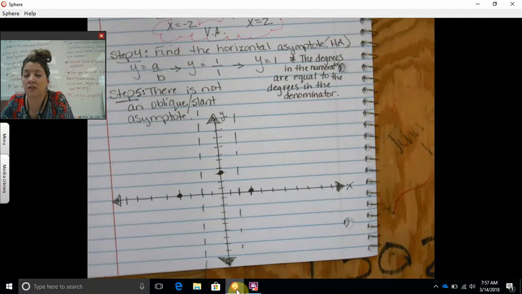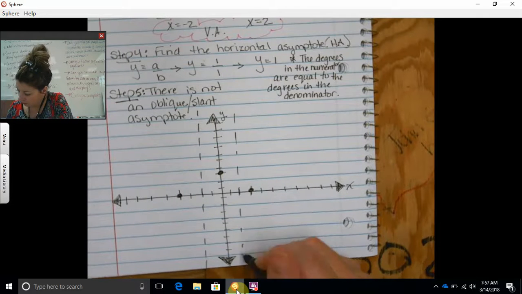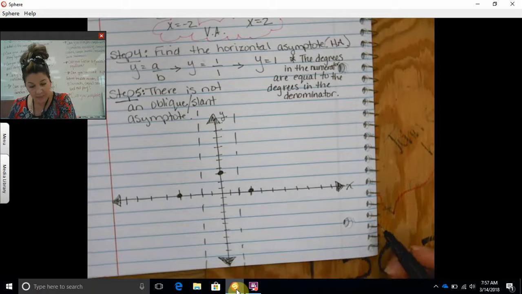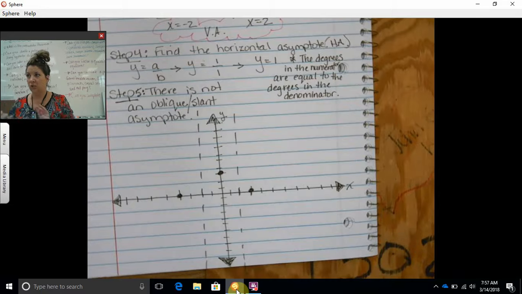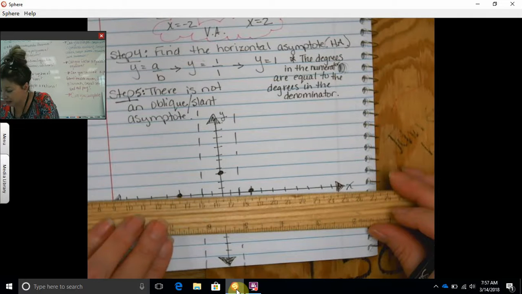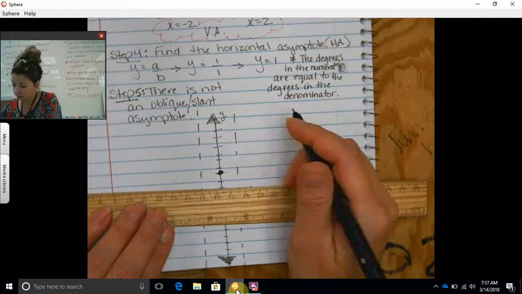It just runs along the asymptote, kind of hugs it. In step 4, we found that we had a horizontal asymptote at y equals +1. So we'll draw a horizontal line through the y-axis at +1.